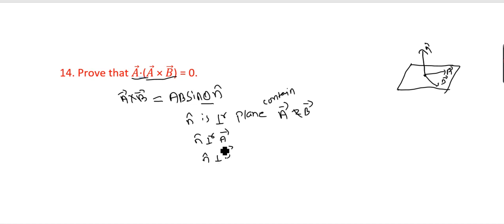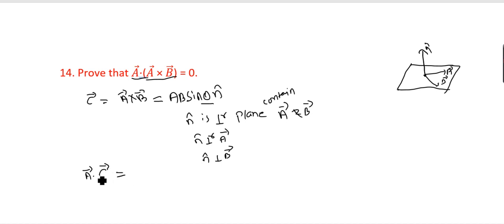Now let us denote this term as C vector, because a vector product gives a vector, so we consider another vector which is C vector. Now our equation becomes A vector dot C vector.